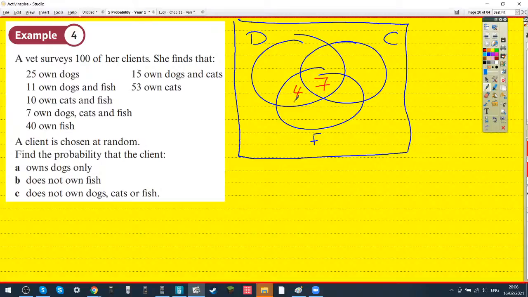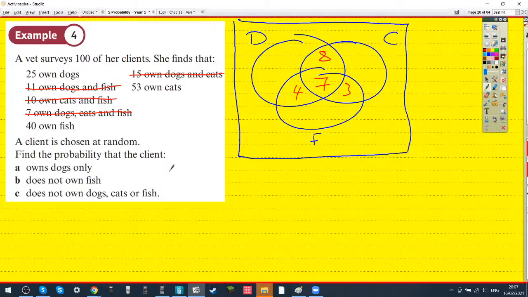Very good. And then cats and fish would be 3. Cats and fish 3. So let me cross these out as I go. Okay. Dogs and cats would be 8. And then for, say if you're doing just dogs, would you do 8 add 7?